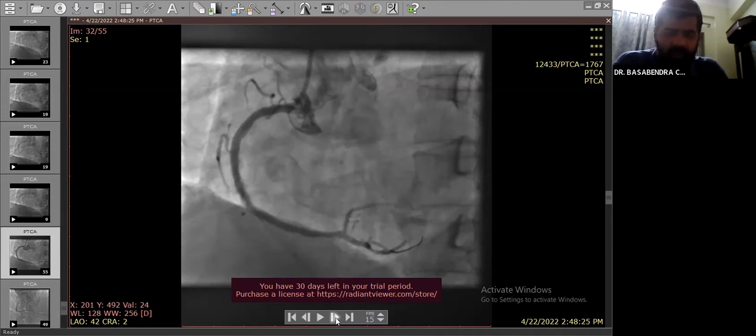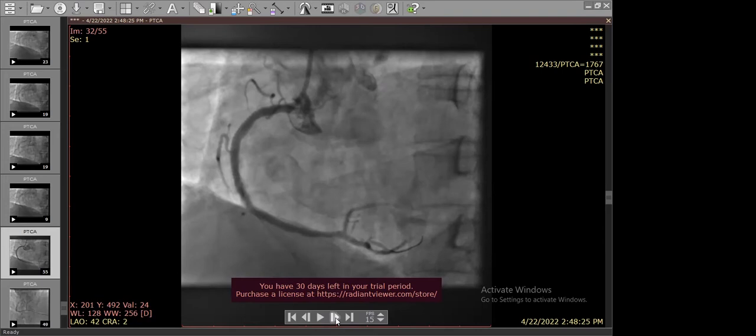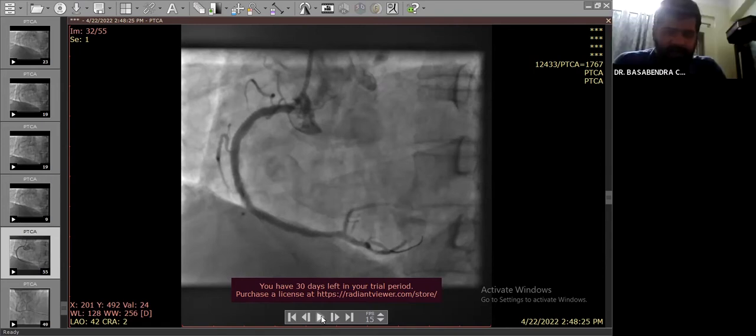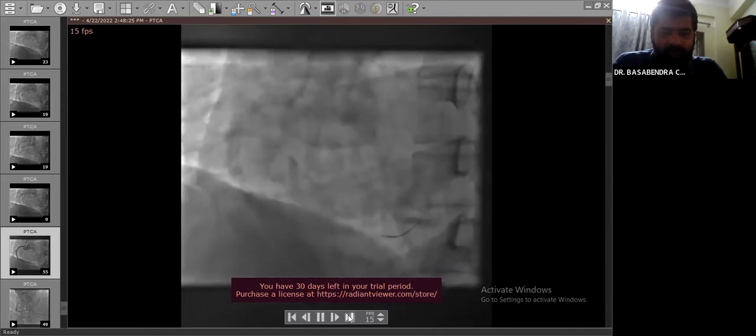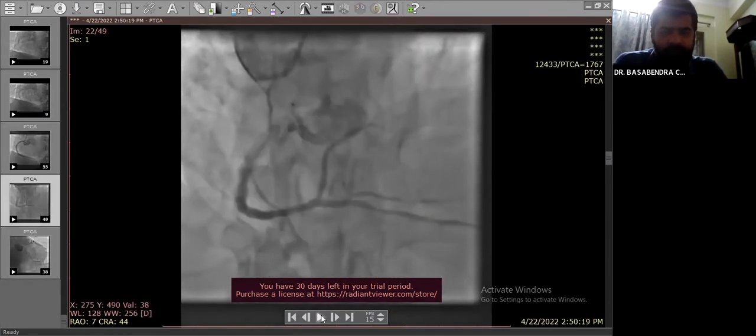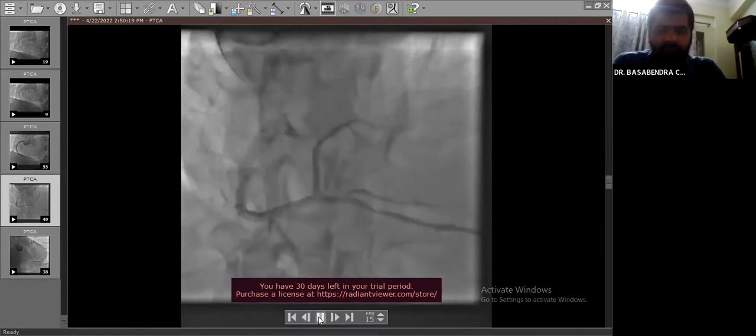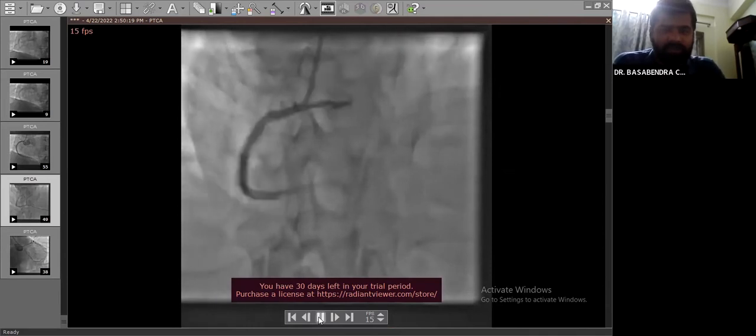Luckily, with the help of multiple balloons, including the OPN balloon, we could fairly manage and predilate and get a good vessel caliber, modify the disease as much as we could at that point of time, and deliver the two stents and do a good post dilatation with a fair result. As we can see, there is very good flow in the distal vessels, both the branches.